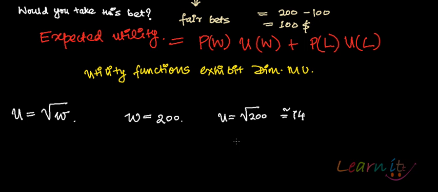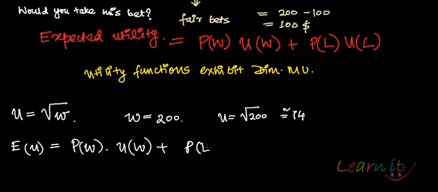Now the point is, what is your expected utility in this case? Expected utility is probability of winning into the utility which you get on winning plus probability of losing into the utility which you get from losing.